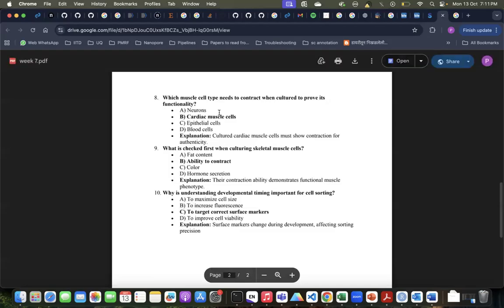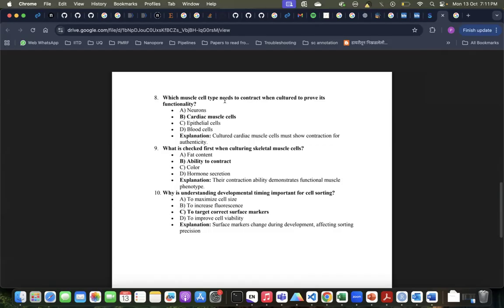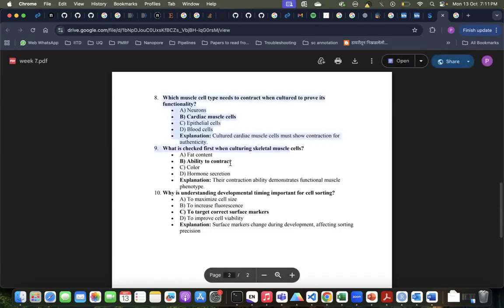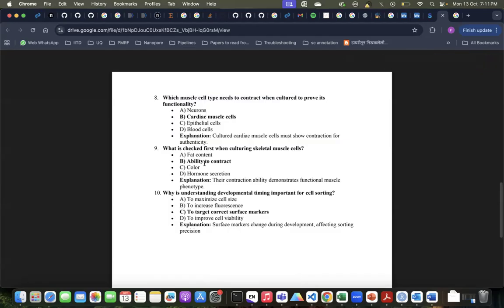Next up, which muscle type needs to contract when cultured to prove its functionality? Spontaneously, it has to be the cardiac muscle cells, but ideally your skeletal muscles need to contract too. So you can see that questions 8 and 9 both need to contract ultimately, but cardiac muscles have to contract spontaneously, and skeletal muscles have the ability to contract, but they can't do so spontaneously unless you have a neuron which is stimulating them.